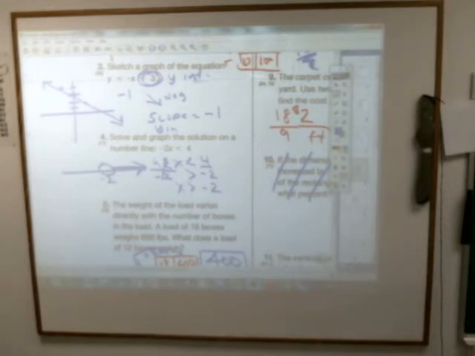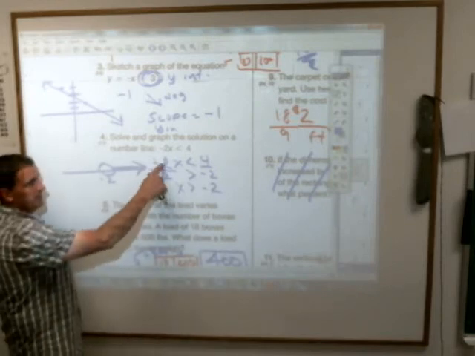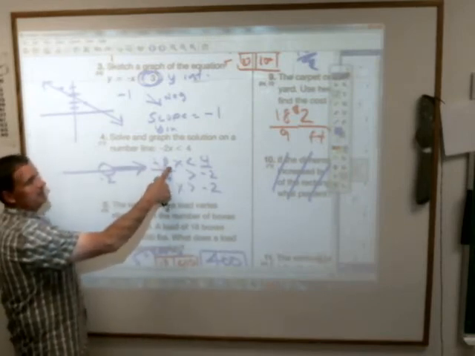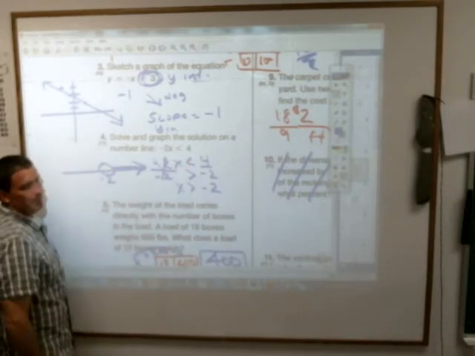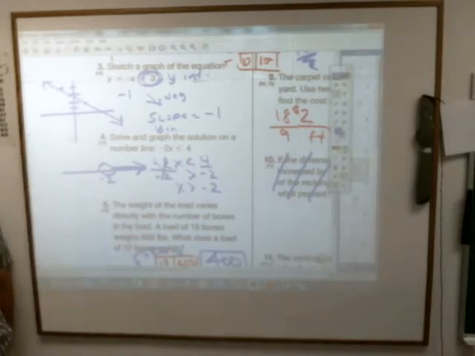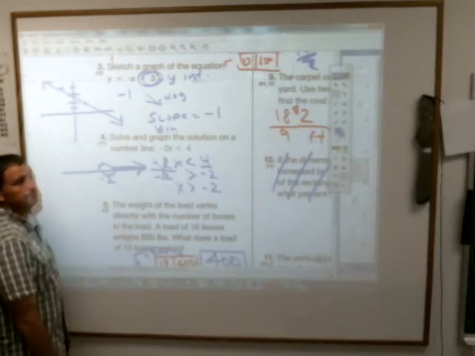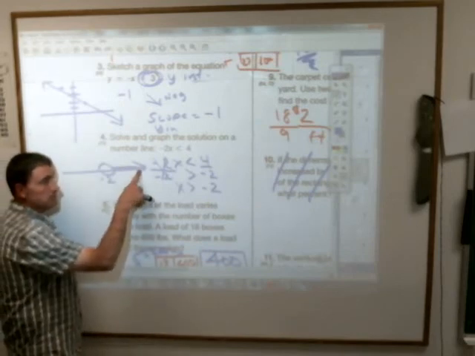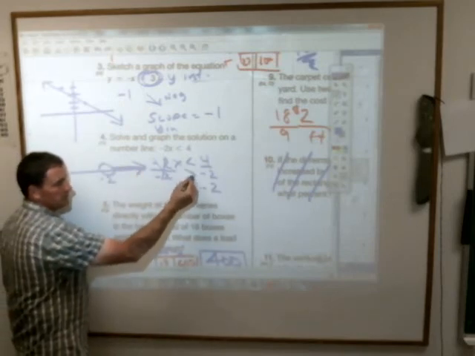Okay, and then number 4, you change the opposite. If the x is negative, in the end, that sign is going to change to its opposite, because when you make it positive, the sign flips sides. Wait, how do you know which way to go? With the arrow? Do you see this? Which way is it pointing?